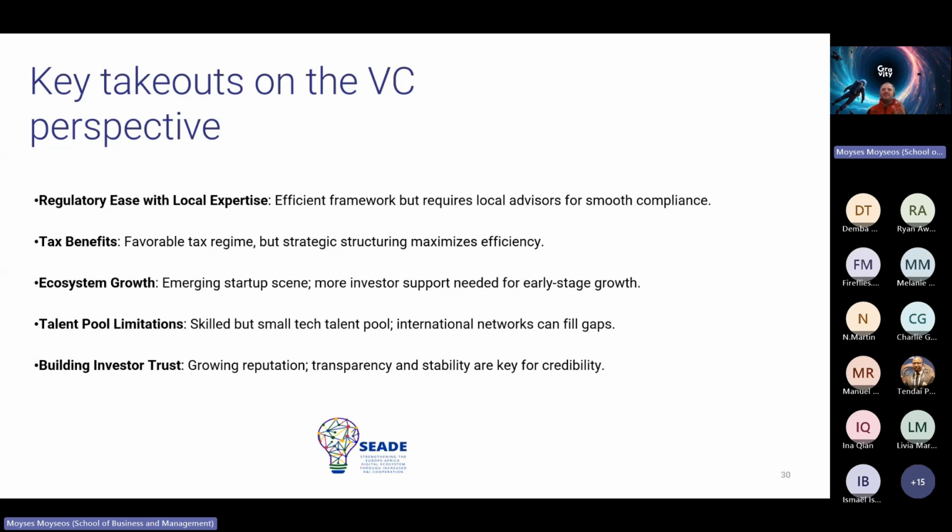Every country has different, let's say, attributes, pros and cons. So to adjust a regulatory framework based on our local ecosystem was beneficial, which is something we didn't do at the beginning. The second is the tax benefits, the favorable tax regime. For example, we launched a local policy that there is an innovation certificate if you are an innovative startup or SME, where if someone invests in this company, it's tax deductible.